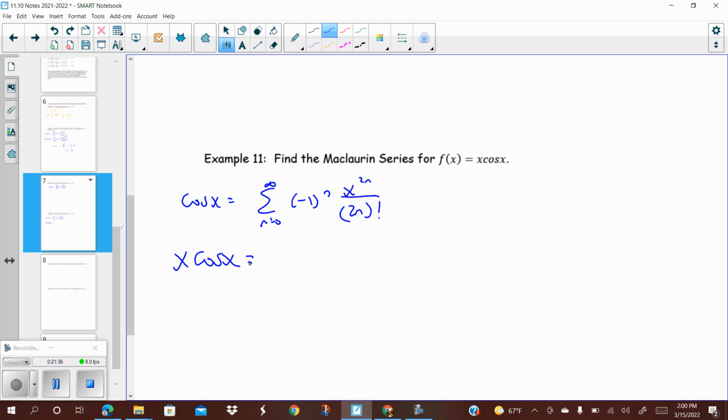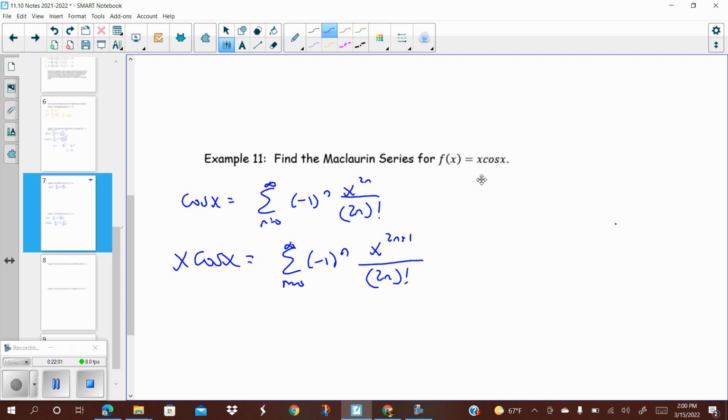So all I need to do is multiply this series by x, which means that what we get is the series from n equals 0 to infinity, negative 1 to the n. So now if I multiply the x to the 2n on top by x, we get x to the 2n plus 1 over 2n factorial. That is the series for x cosine of x.